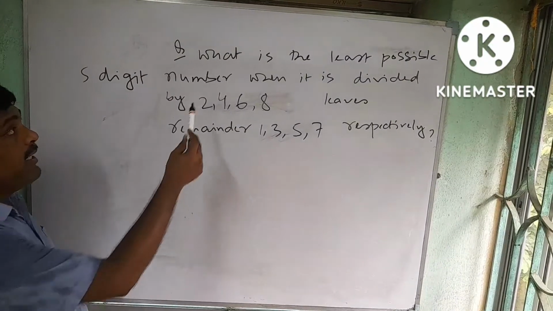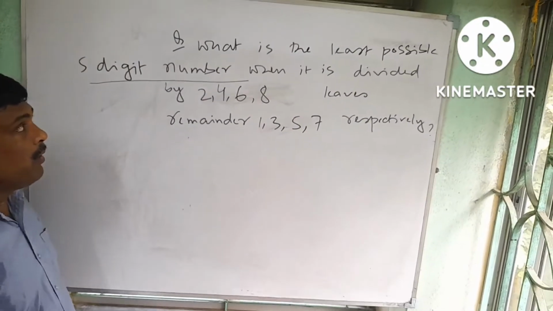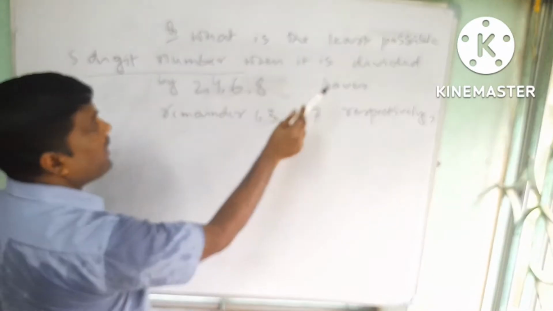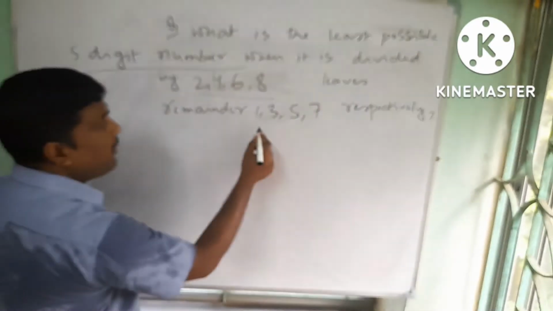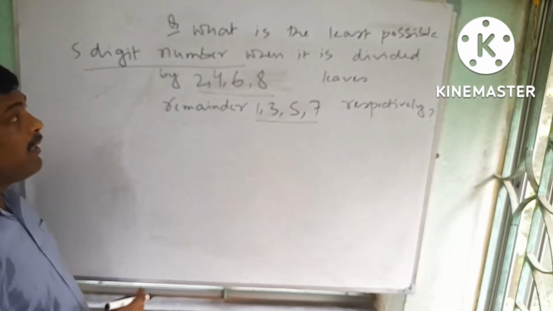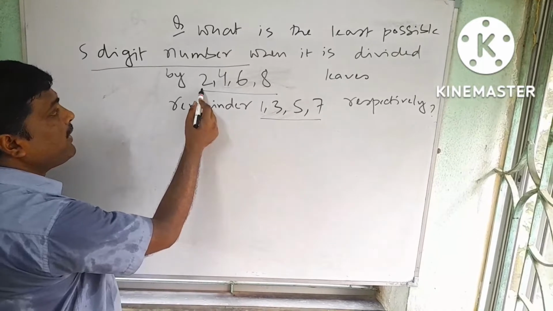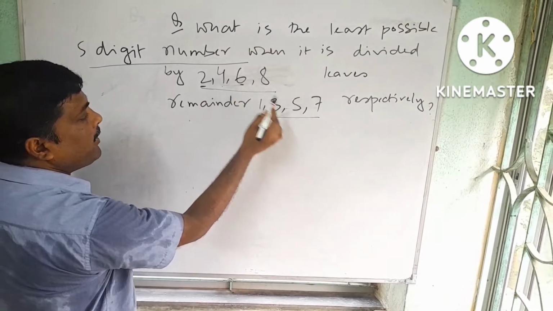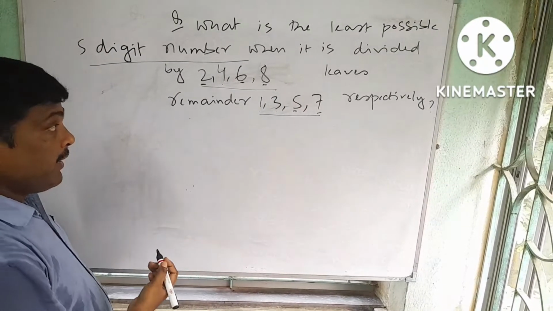Problem. What is the least possible 5-digit number when it is divided by 2, 4, 6, 8, leaves remainder 1, 3, 5, 7 respectively? Okay, so what is the least possible number when it is divided by 2, remainder is 1, divided by 4, remainder 3, divided by 6, remainder 5, divided by 8, remainder 7 respectively.